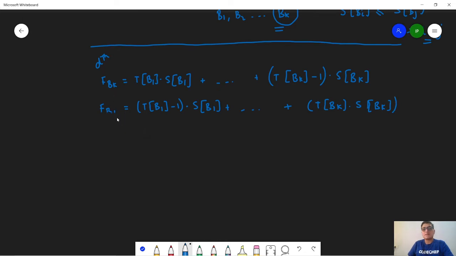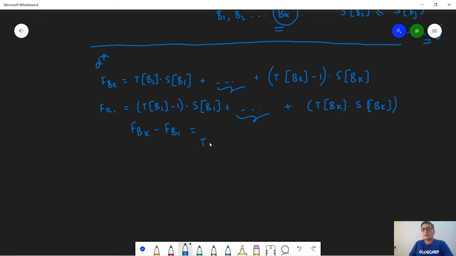Now to compare these equations, let us subtract 2 from 1. So we calculate f of B of K minus f of B of 1. For all the elements that are present in between, from 2 to K minus 1, they are exactly the same in both the equations, hence they will get cancelled.